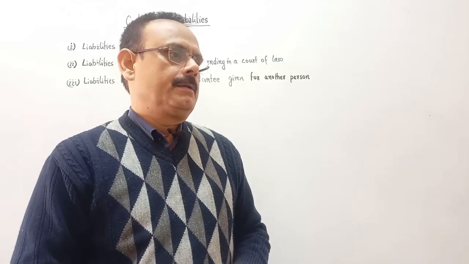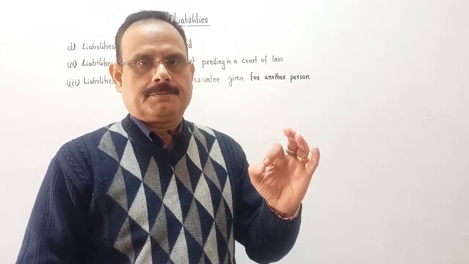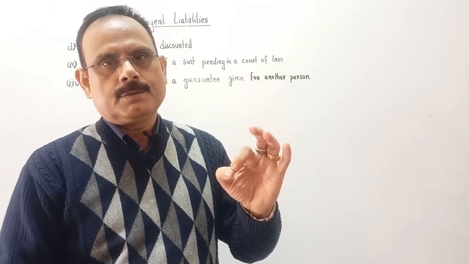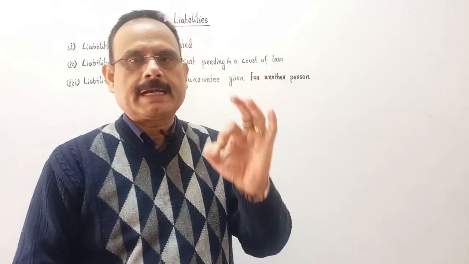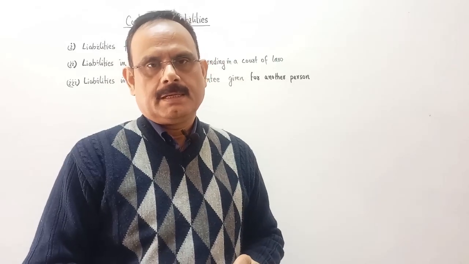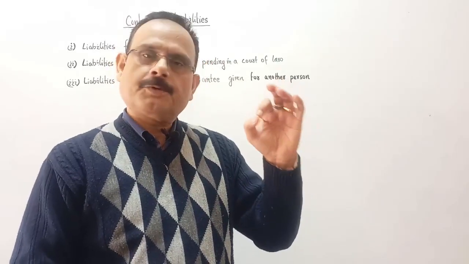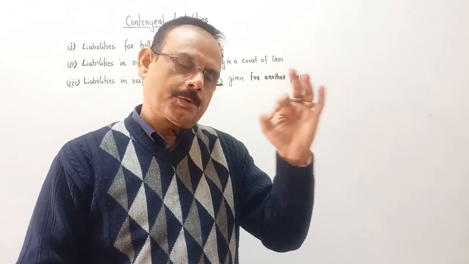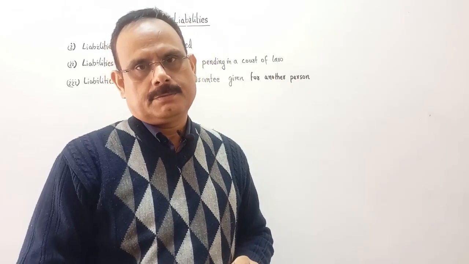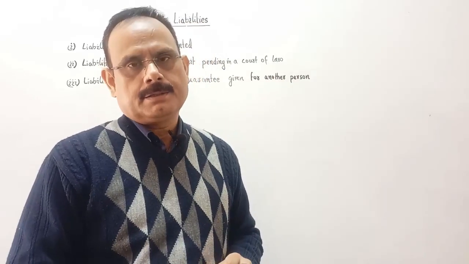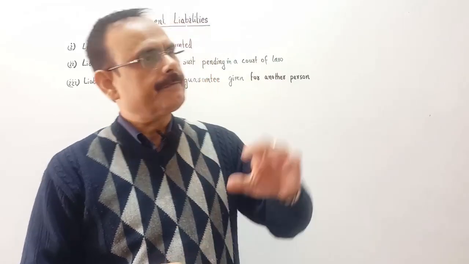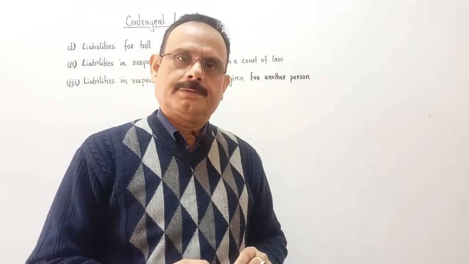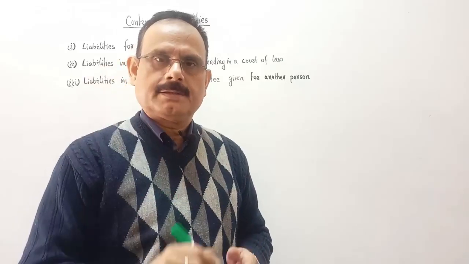Is it clear? If my friend wants to take a loan from the bank and the bank asks for a guarantor, and that friend approaches me and requests me to give a guarantee, and I have given the guarantee, I have signed a document.